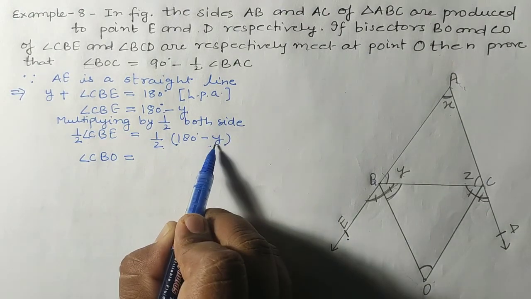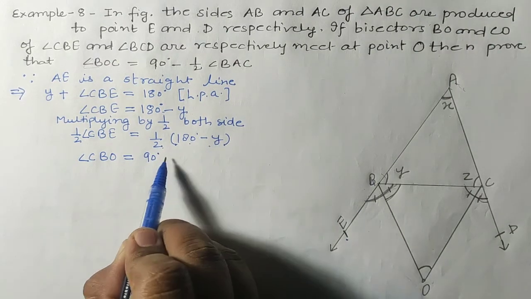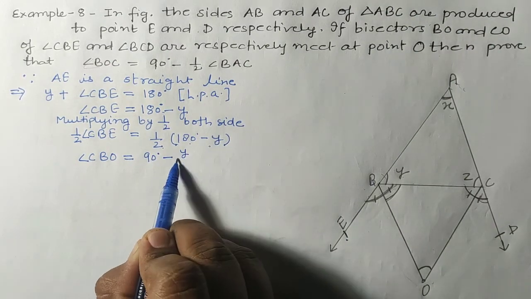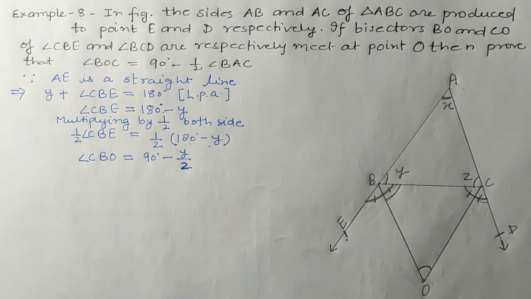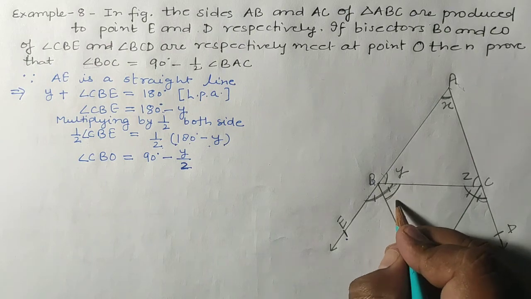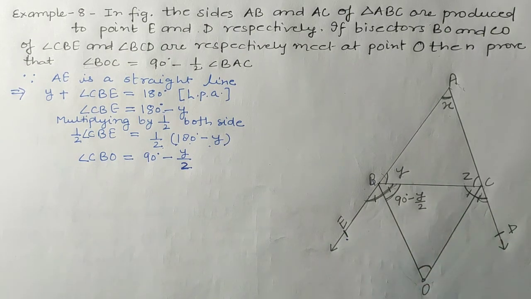And 1 by 2 when multiplied by 180 will be 90 degree, and 1 by 2 multiplied by minus Y will be minus Y by 2. So basically in the figure, this angle is 90 degree minus Y by 2.